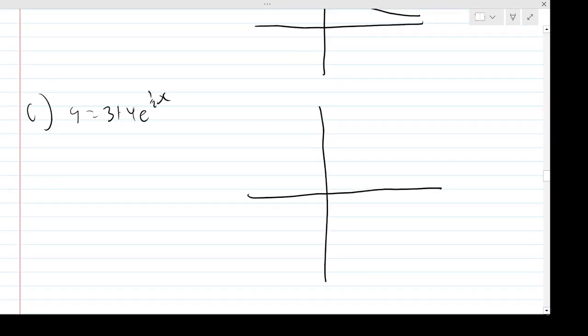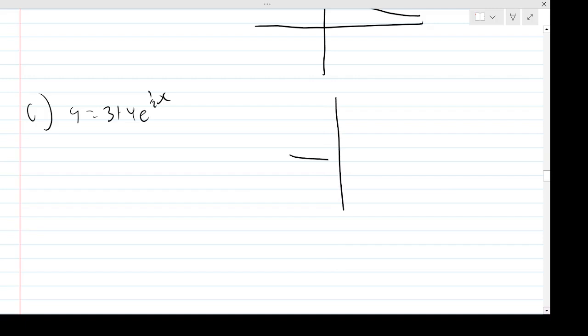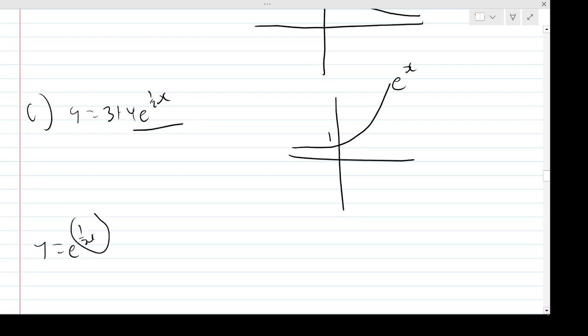So firstly, again we have e to the x. That'll help me visualize what to do to it. That's e to the x. So then, firstly, I'm going to want to sketch y is e to the half x. So again, the half x affects the x inside the function, so I'll do that first. So it's kind of like what I do inside the function, I do first, and outside I do last. Right? If that makes any sense.